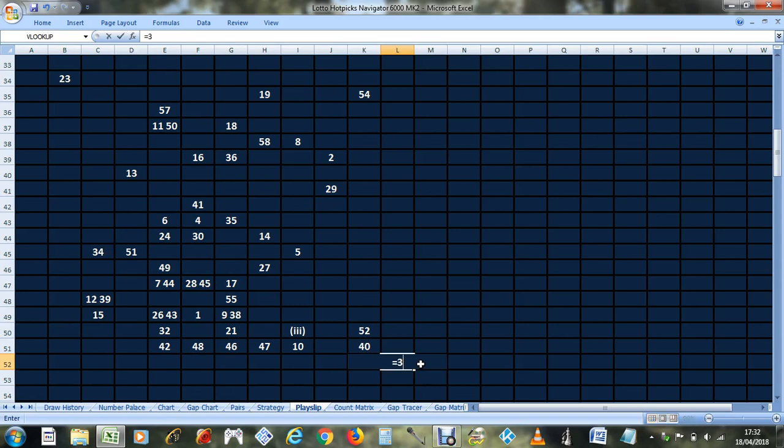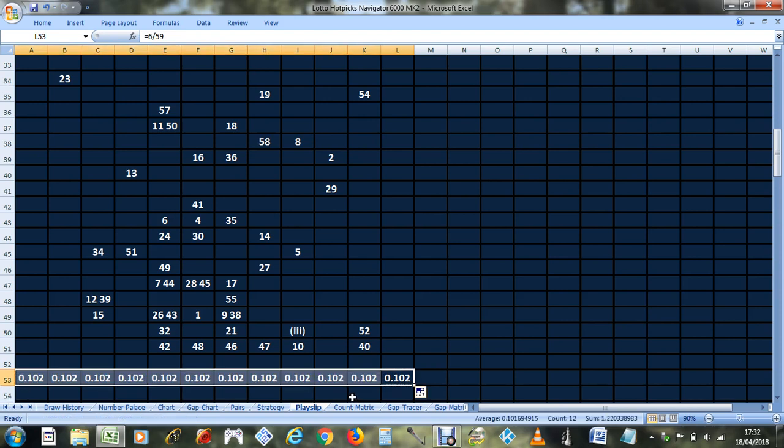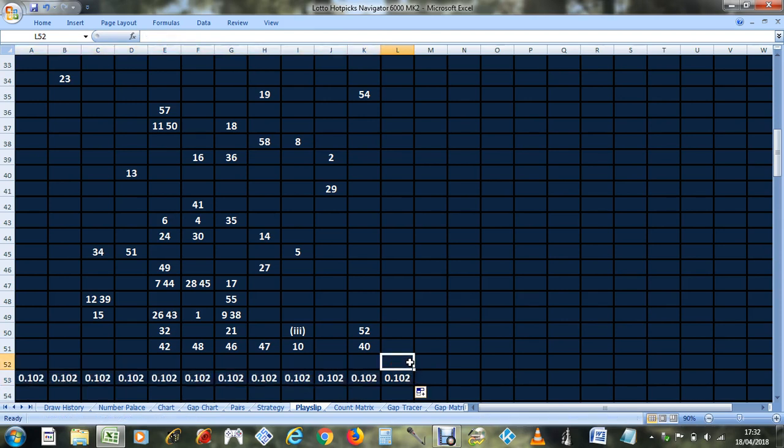So this one, I've got 3 numbers. In fact, just to make it a bit quicker, I'll just write a quick equation that will do this automatically.